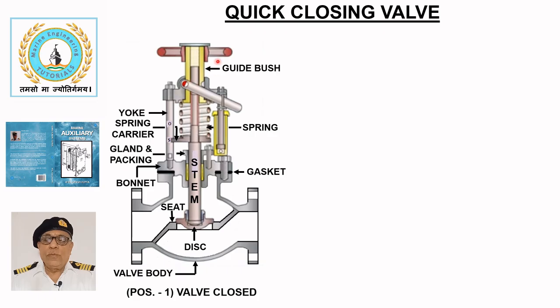A guide bush attached to the upper part of the stem through left-hand square threads is used to open and close the valve manually. Manual opening and closing of the valve is achieved by turning the hand wheel anti-clockwise or clockwise.